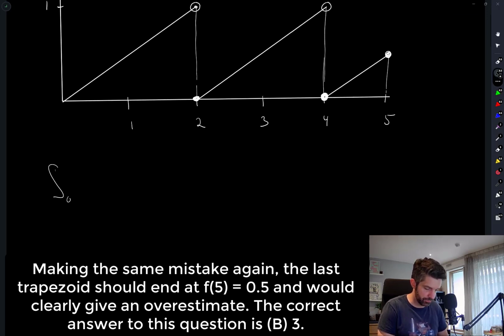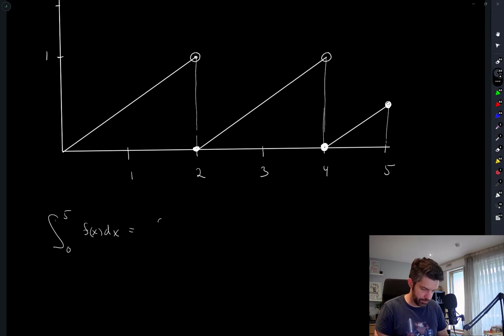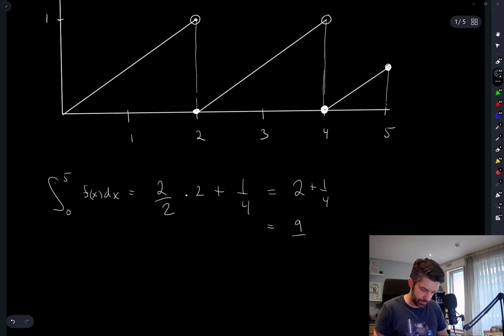Okay, so the actual integral from 0 to 5 of f of x dx is 2 over 2 times 2 plus 1 over 4, so that's 9 over 4, which is about 2.25. So that's just the area of these three triangles.